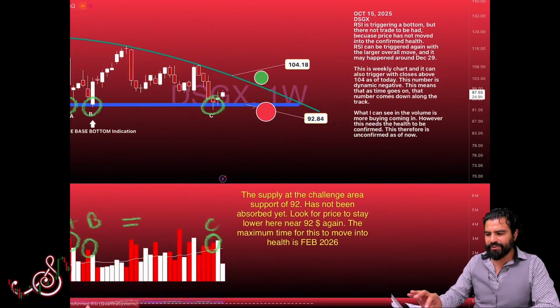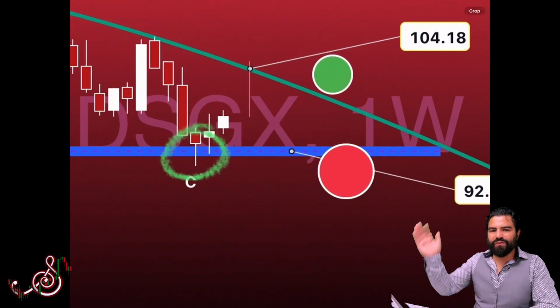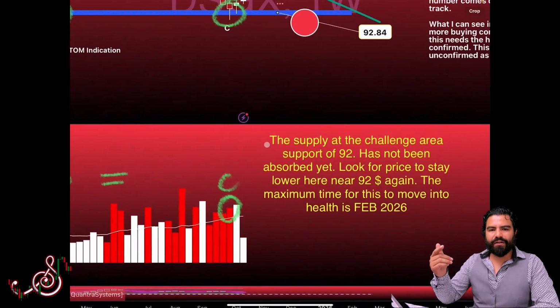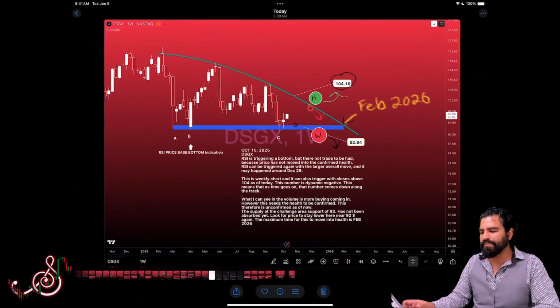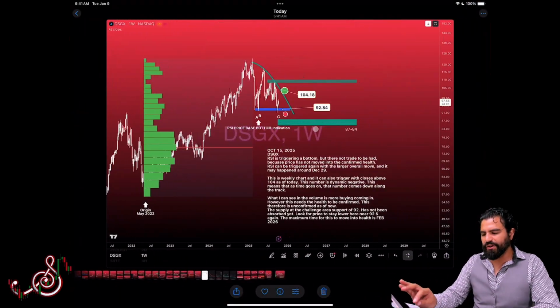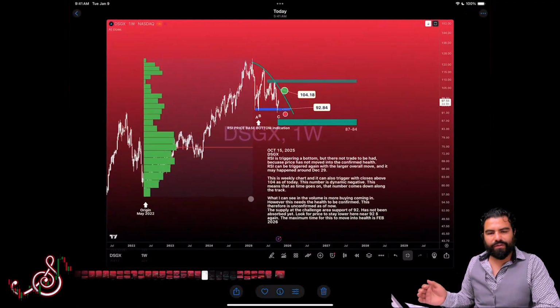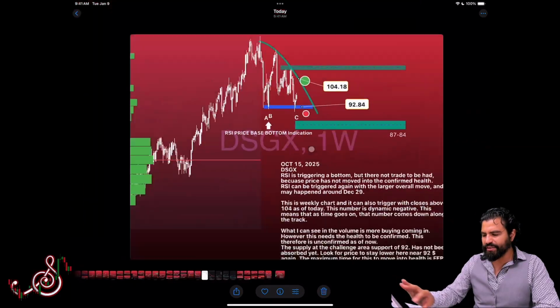That's why I put in the comments, you're not done playing here. So I'm going to be looking for this to challenge back at 92 again. But if the volume is higher, that means you're going to burst through the bottom. If the volume again is higher at $92, once you get back there and the volume isn't lower, you're going to see this go lower.